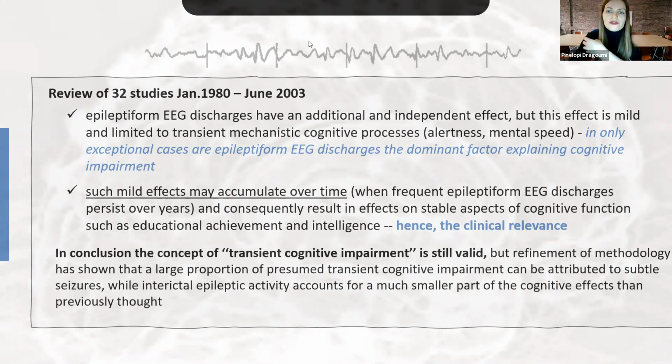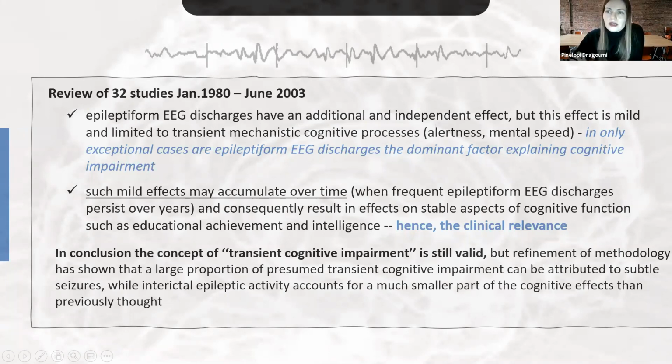So when we have frequent epileptiform discharges that persist over years, and especially when this occurs in the immature brain, the developing brain, these can then result in some effect on stable aspects of function like educational achievement.